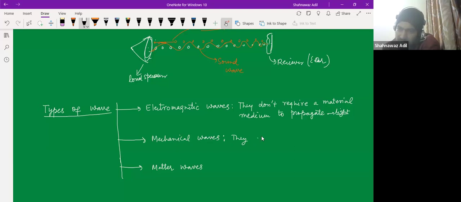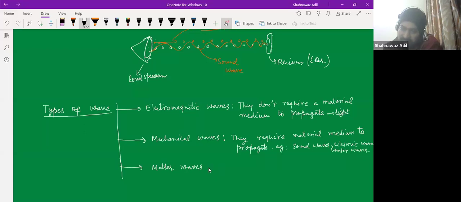They require a material medium to propagate. The examples are sound waves, seismic waves, and water waves. All these are examples of mechanical waves.